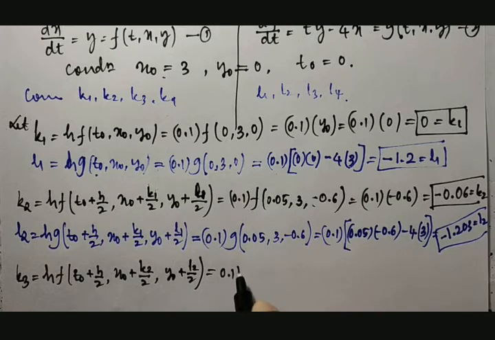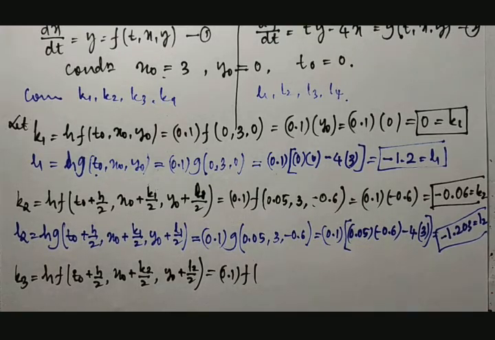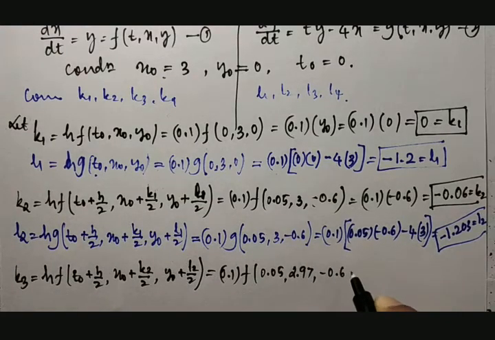That is 0.1 into f of. Let us calculate these values. K3 of 0.05, 0.05, 2.97, then comes minus 0.6015.